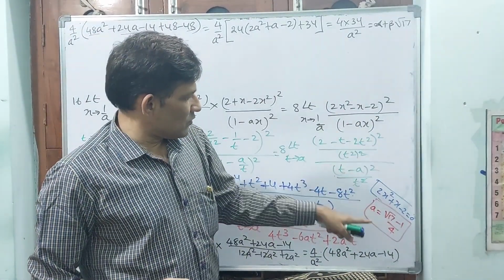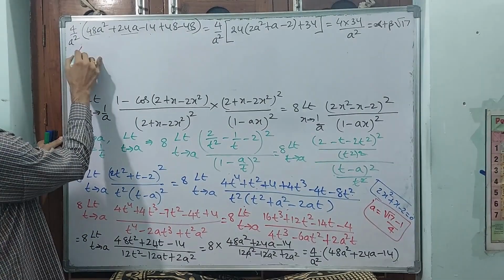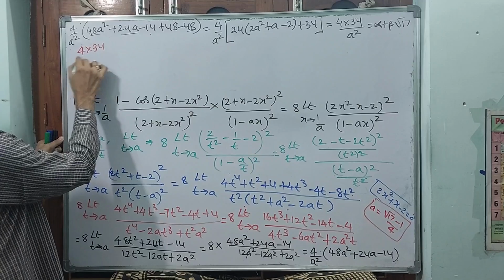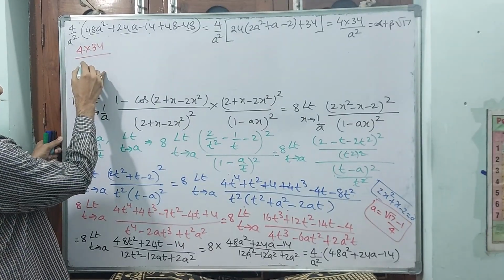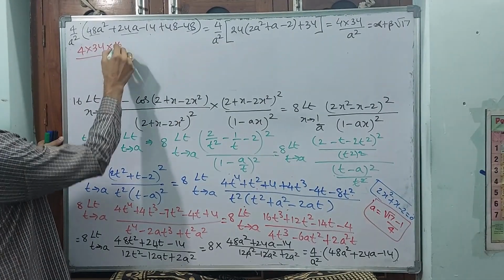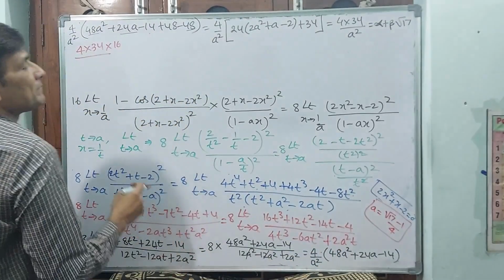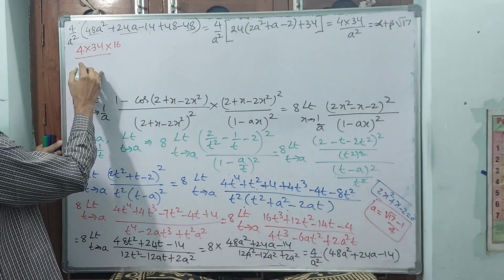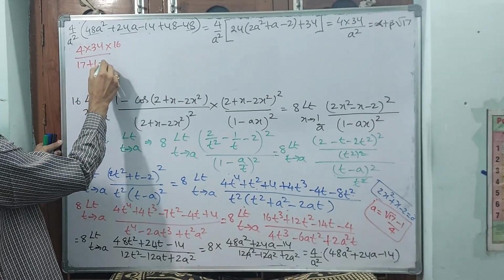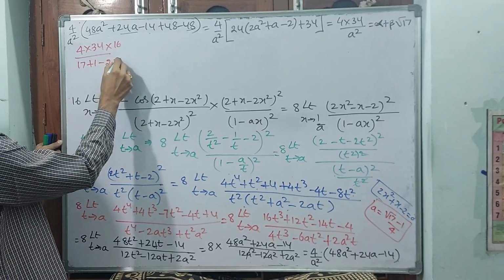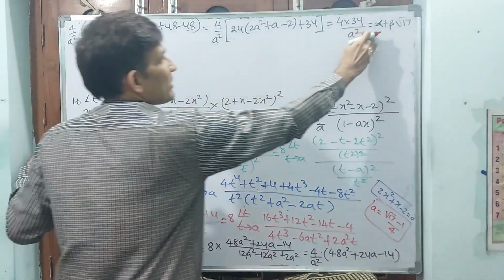Because a square value you have to substitute. 4 into 34 by a square means root 17 minus 1 whole square, into 16 I will write. a square is 16 by 18 minus 2 root 17, that is equal to alpha plus beta into root 17.